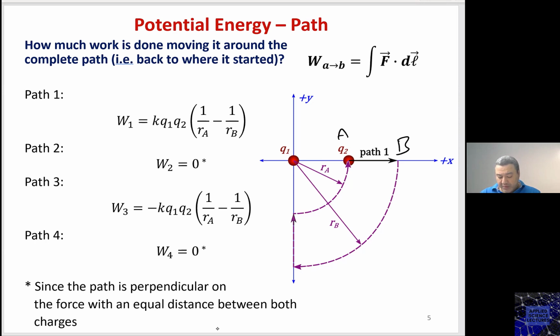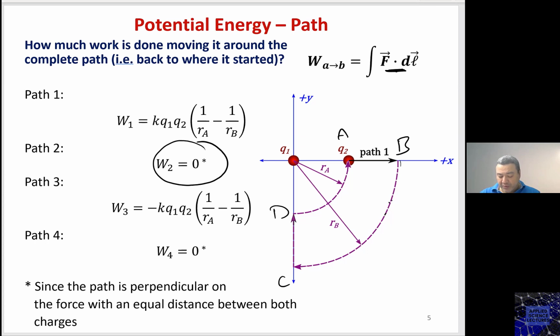Now for path number 2, B to C, we can see that the force everywhere along this path is perpendicular to that path, and that's why the work is 0, due to the dot product between the force and the differential element of this path.